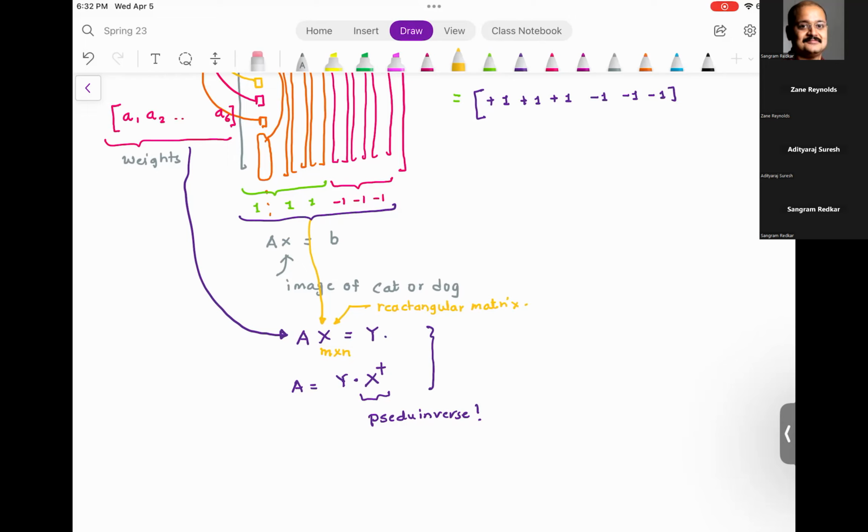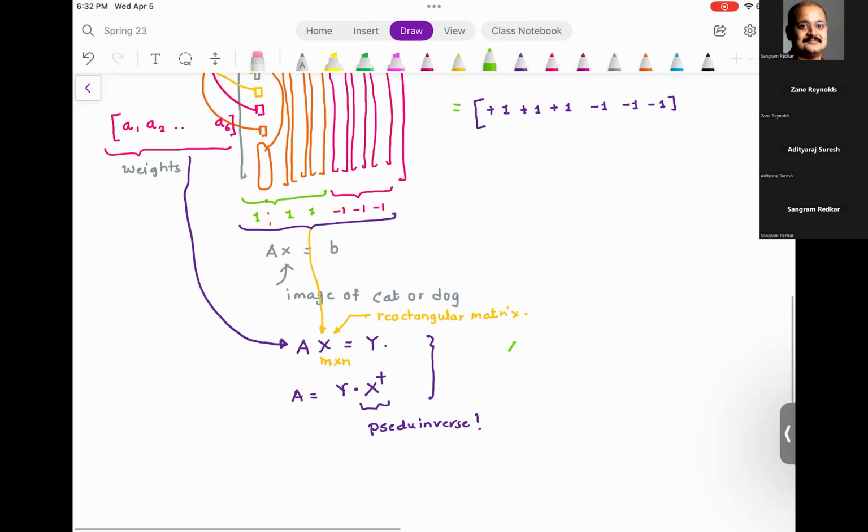So what first needs to happen is we need to multiply the left-hand side and the right-hand side by the transpose of X. So you're going to have A X X transpose is equal to Y X transpose. Now once you have this X X transpose, this becomes a square matrix.